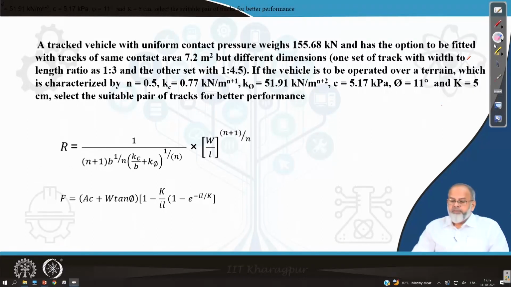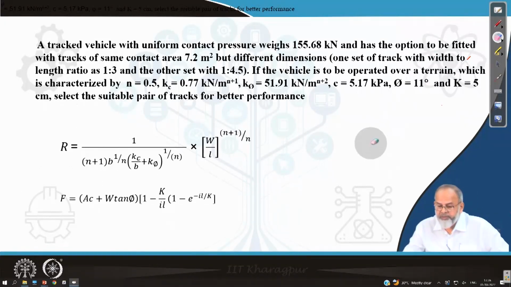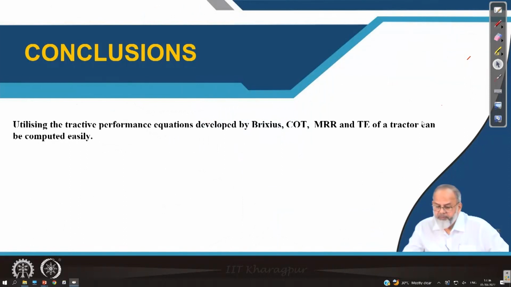And the third one is related to track, how to calculate rolling resistance and tractive force developed by a track, and then you can compare. Using the tractive performance equations developed by Brixius, such as coefficient of traction, motion resistance ratio and tractive efficiency of a tractor can be computed.